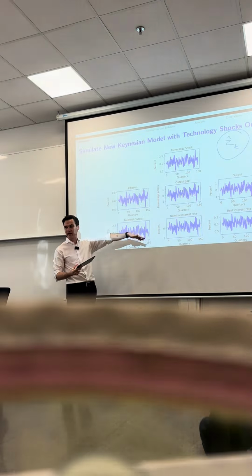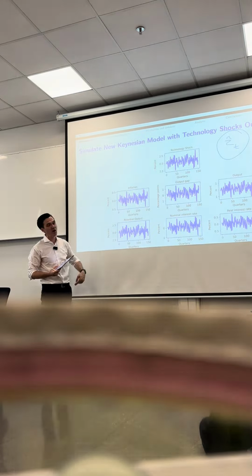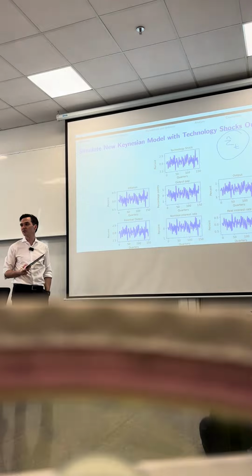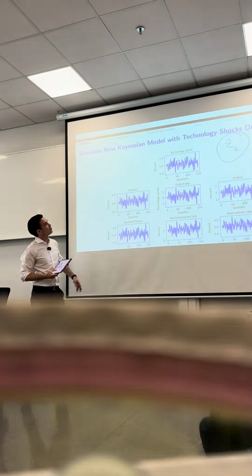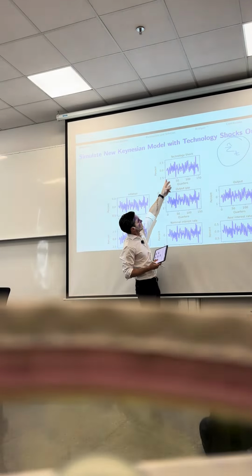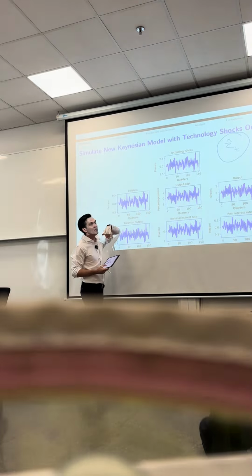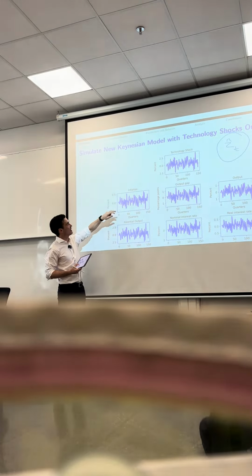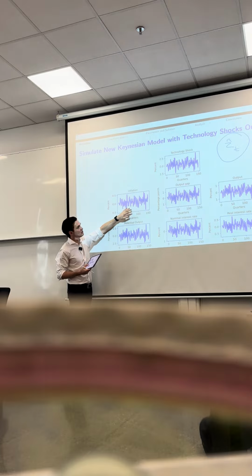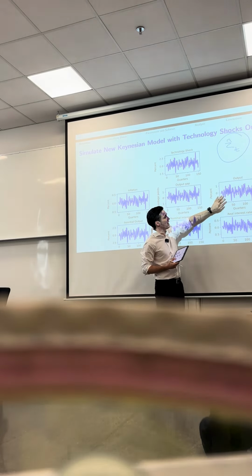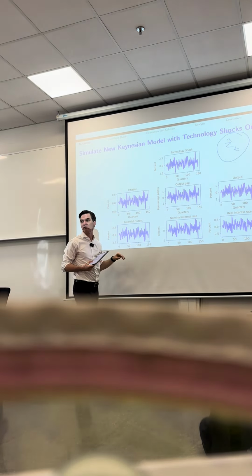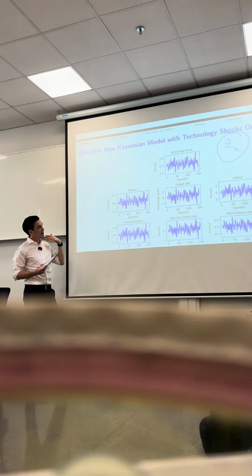So there's more data, but I'm just displaying that. That's how the model-generated data would look. The top is the technology, and there are no other shocks. Then the model generates this artificial data for inflation, the output gap, and output. All the endogenous variables that we studied so far, you get artificial data.